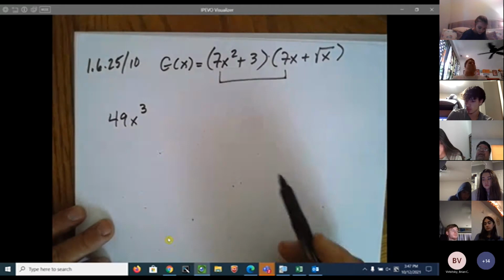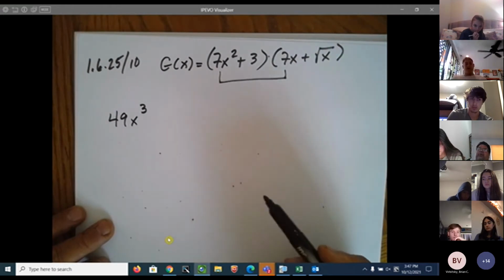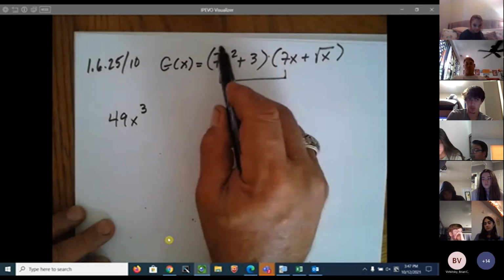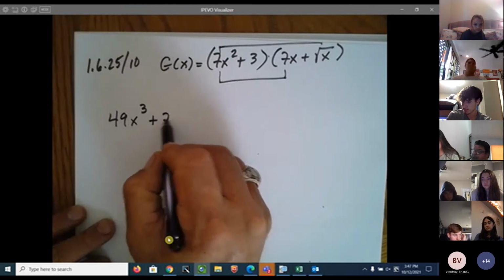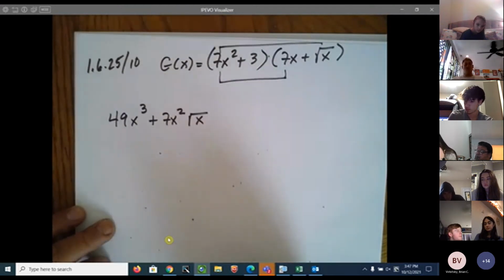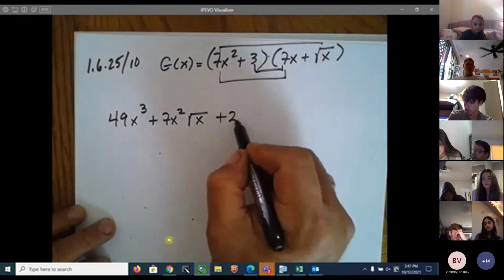And we got to say outside because somebody don't know what outer means. So outside is going to be 7x squared times the square root of x. Inside is plus 21x.